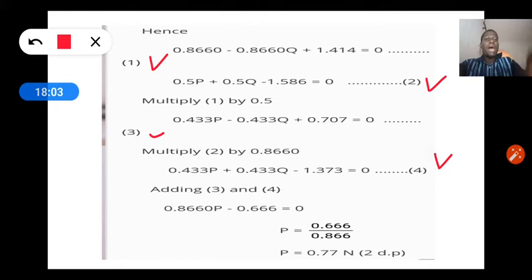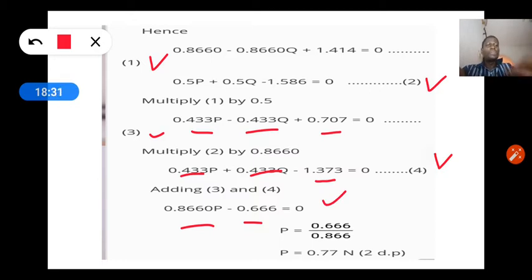Now if I add my equations 3 and 4, of course, the Q terms will give us 0. One is negative, one is positive. From there, if I add this value and this value, I have 0.866P. And if I simplify, this minus this, I have this equation.